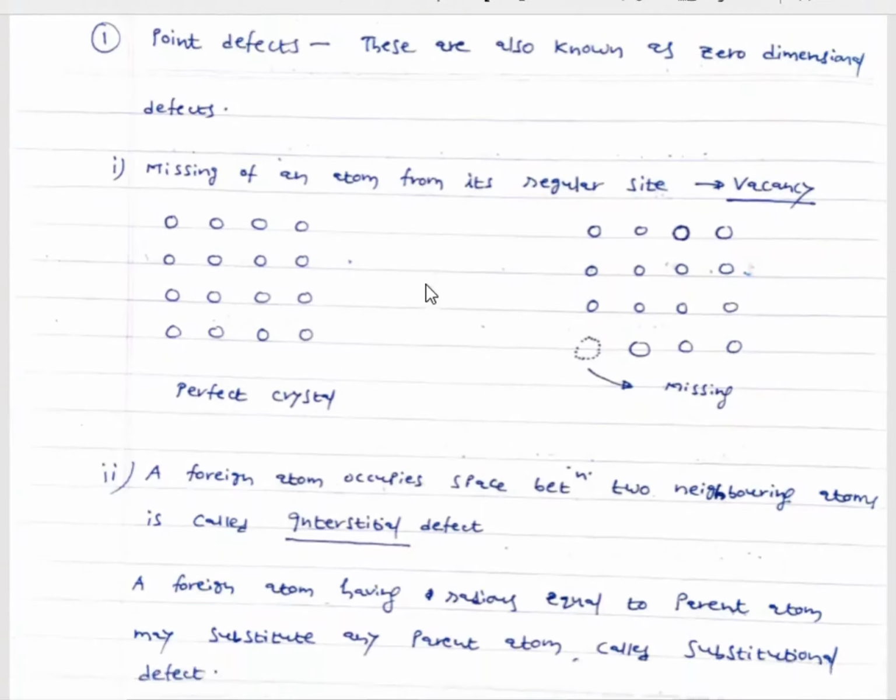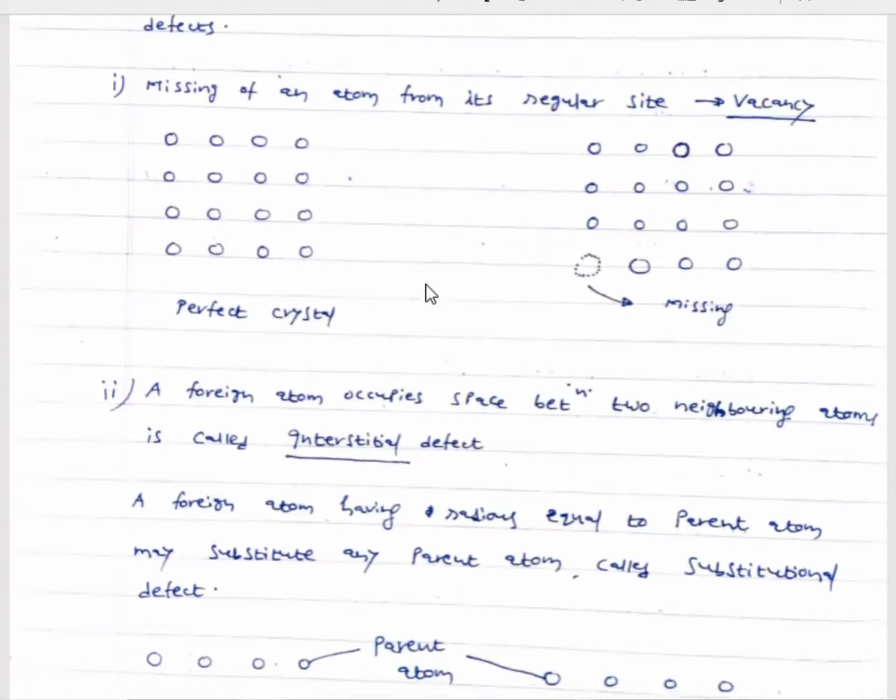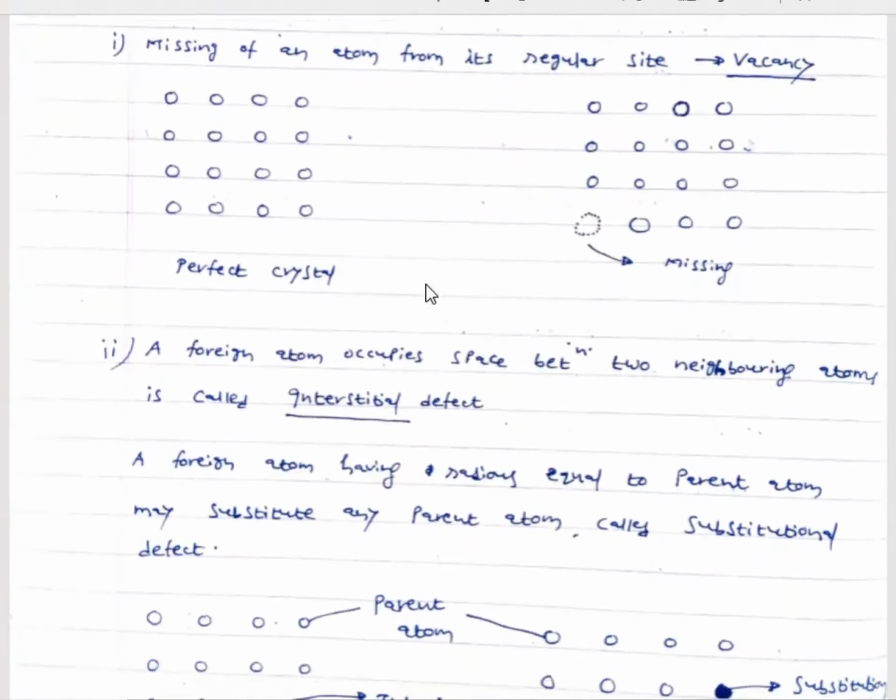A foreign atom having radius equal to the parent atom may substitute any parent atom. If the diameter of the foreign alloying element being added is equal or approximately equal to that of the parent atom, substitution is possible.